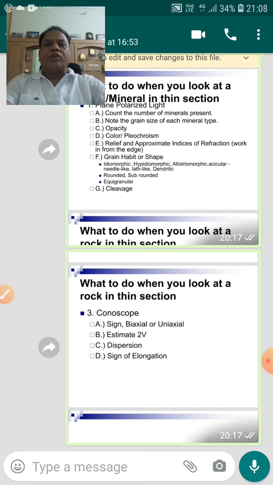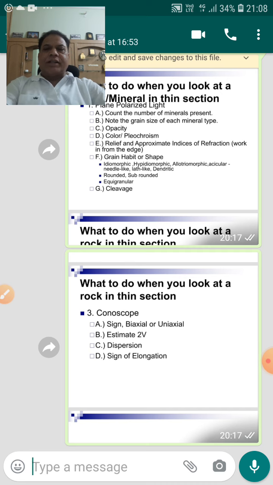The minerals which crystallize in tetragonal and hexagonal systems are uniaxial, whereas the minerals which crystallize in orthorhombic, monoclinic and triclinic systems are biaxial, meaning they have two optic axes, or in other words there are two directions of no double refraction.